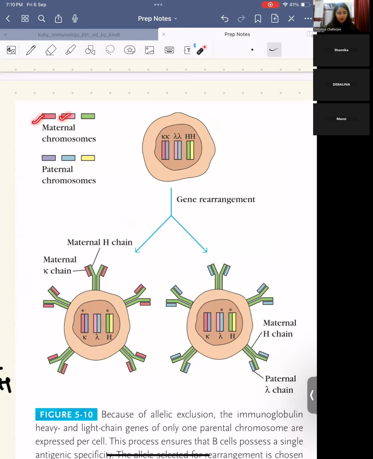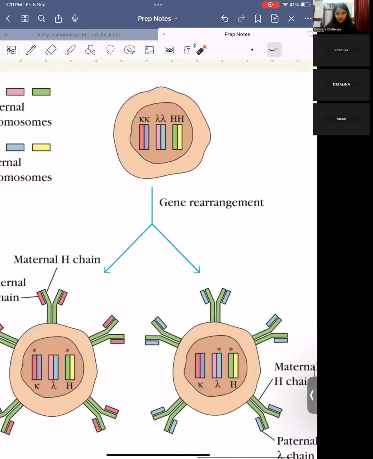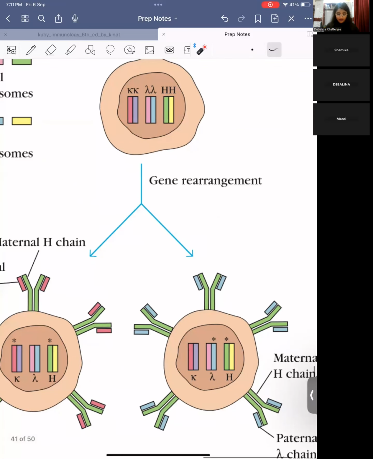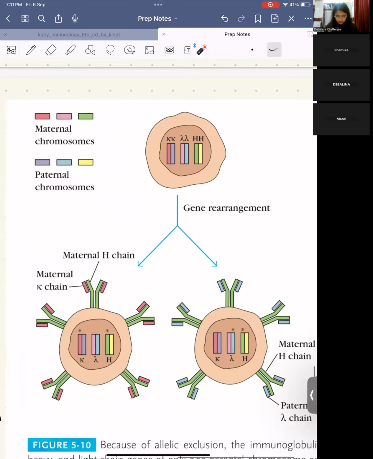This is the maternal copy that this cell has received, and this is the paternal copy. So in the diploid organism, we will have a maternal gene copy and a paternal gene copy, both encoding a kappa chain, similarly for lambda chain and for heavy chain. But when the rearrangement happens, it is not that both of them have an equal chance of getting expressed.